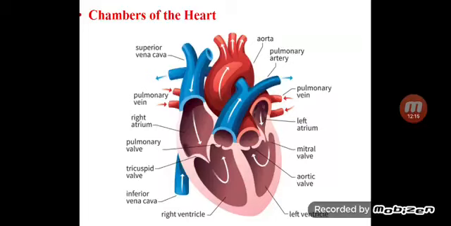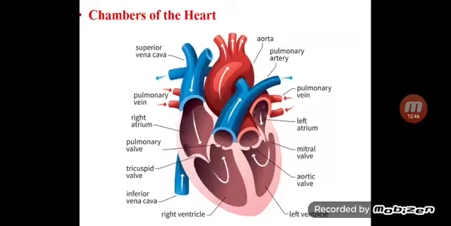The 2 ventricles are separated from each other anteriorly by the anterior interventricular groove, which contains the great cardiac vein and the anterior interventricular artery. And posteriorly, there is the posterior interventricular groove, which separates the 2 ventricles from each other.